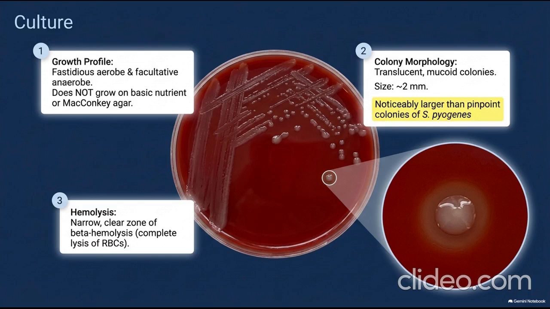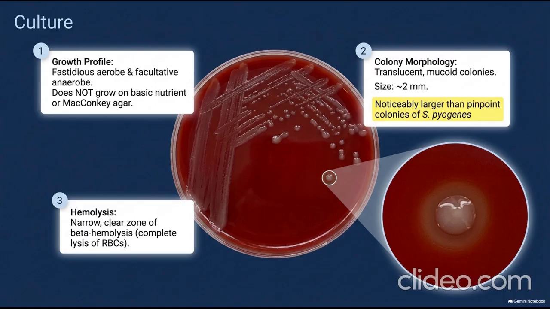Second, GBS is bacitracin resistant. If we place a bacitracin susceptibility disc on the plate, GBS grows right up to the edge of the disc. This easily differentiates GBS from bacitracin-sensitive Streptococcus pyogenes, also known as Group A Streptococcus.